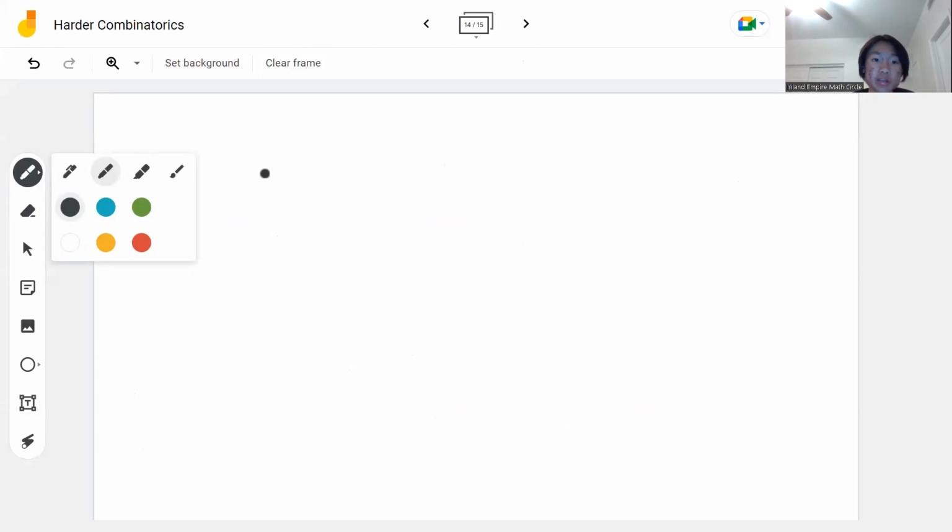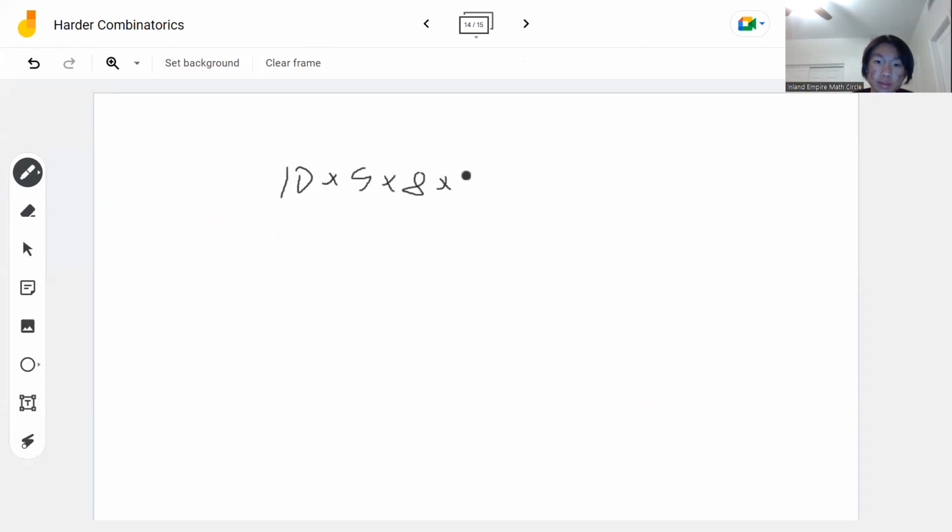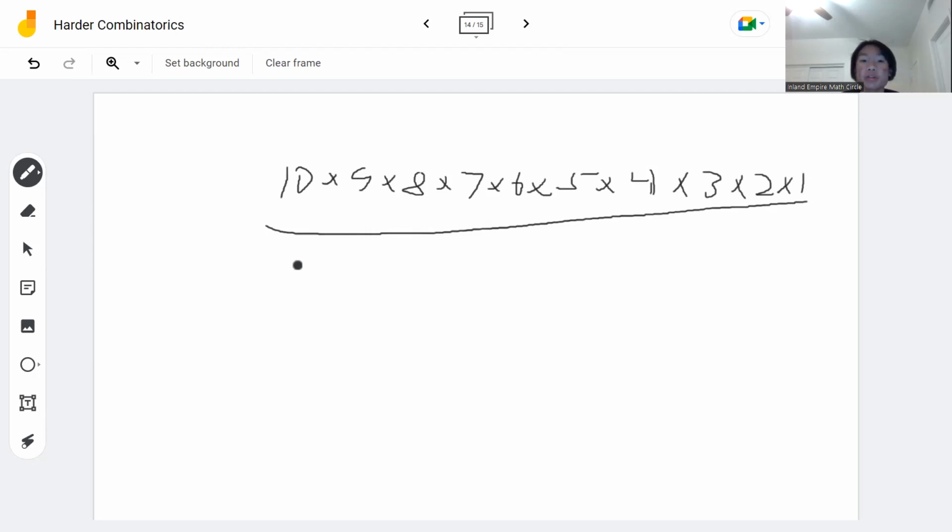Okay, so when we're doing 10 factorial, it's 10 times 9, 8 times 7 times 6, and so on. Right, that's 10 factorial. And on the bottom, we wrote 3 factorial.